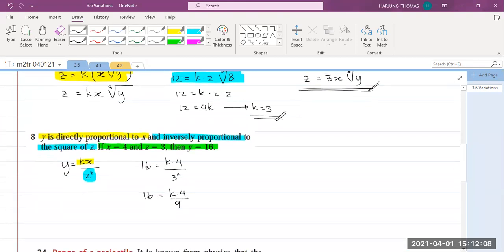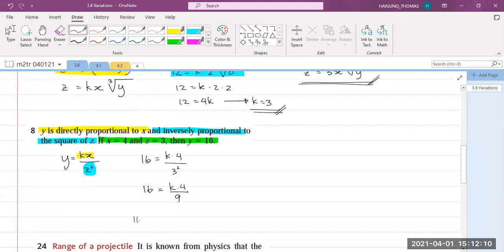I will multiply by the reciprocal. So 16 times 9 over 4 equals k. So k equals 36. Is it right? 4 times 9, yeah. k equals 36. Now that's the constant of variation, and the formula, therefore, is y equals 36x over z squared.